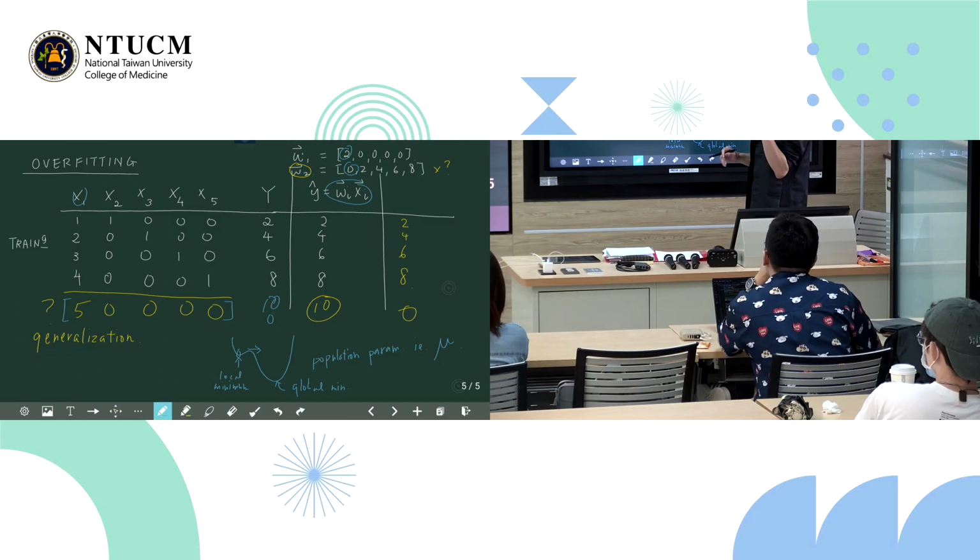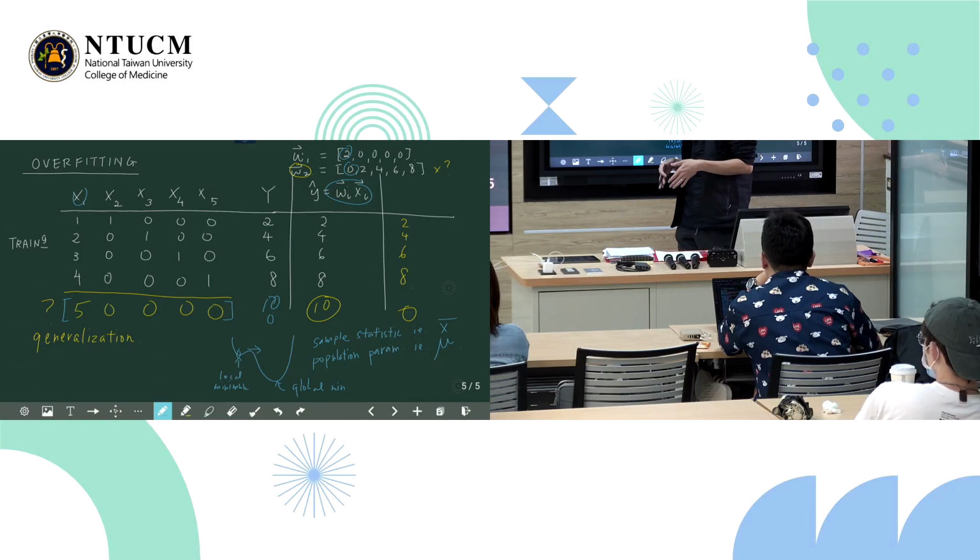Whatever that real number is, that is mu, okay? Which we don't know. But we have a sample statistic, i.e. x bar, which we know for our sample, and we use it to infer the population, but we don't really know the population unless we are somehow able to sample pretty much everybody.